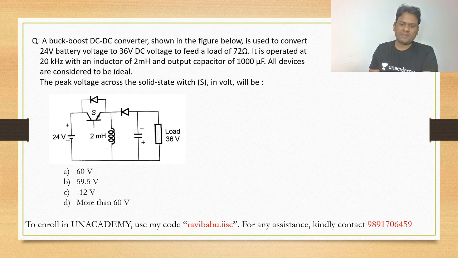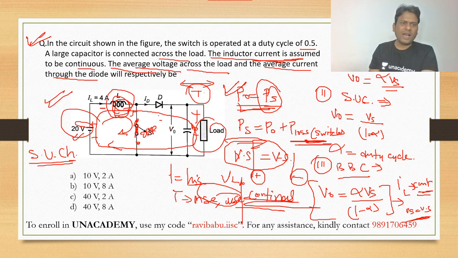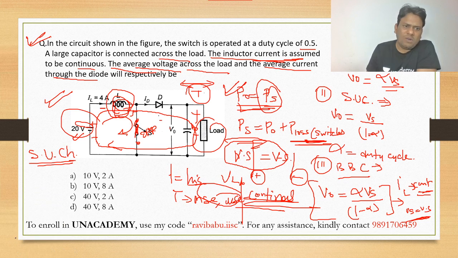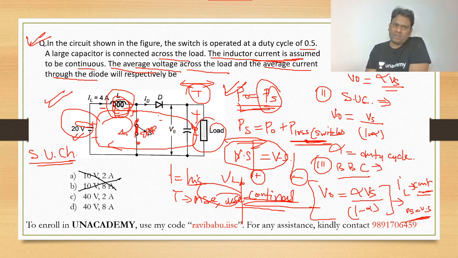Now see, this is a step up chopper. In a step up chopper, output voltage is greater than input voltage and output current is less than input current. Supply voltage is 10, so output voltage should be greater than 10. That means options A and B are wrong.